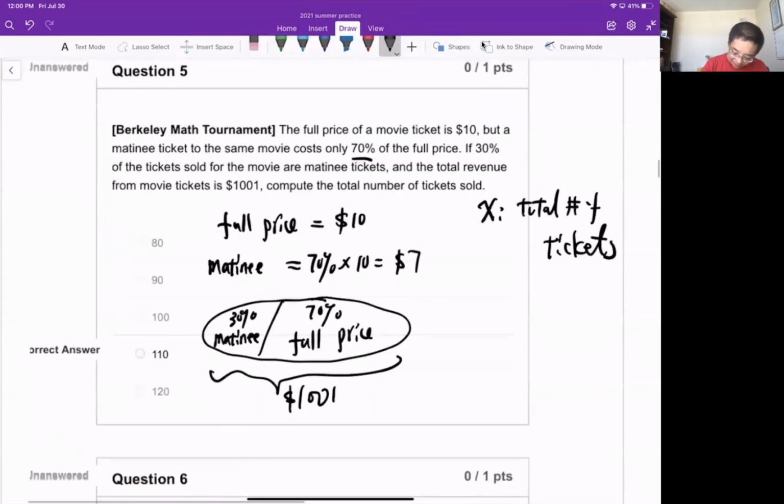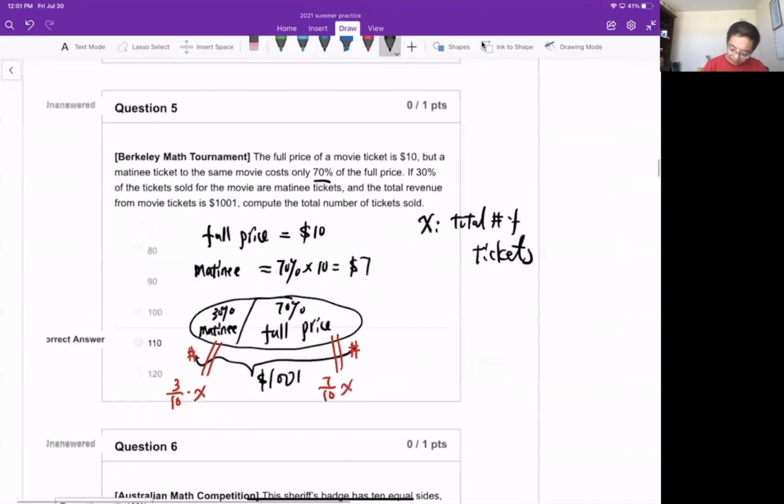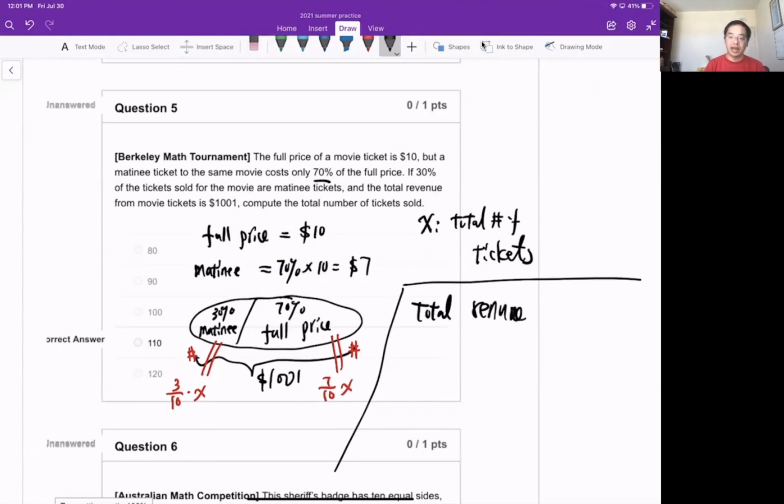Then the number of matinee tickets will be 3 over 10 times X, because 30%, and the number of full price tickets will be 7 over 10 times X. All right, and then we can set up the equation using the total revenue. The total revenue has two parts, right?